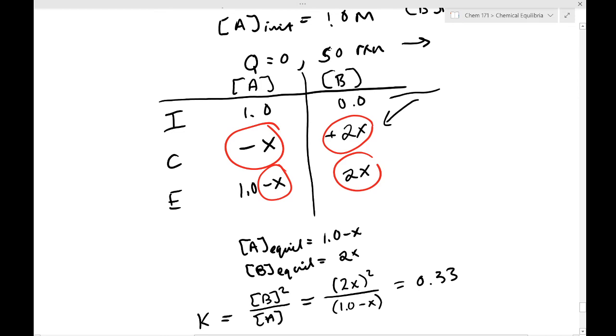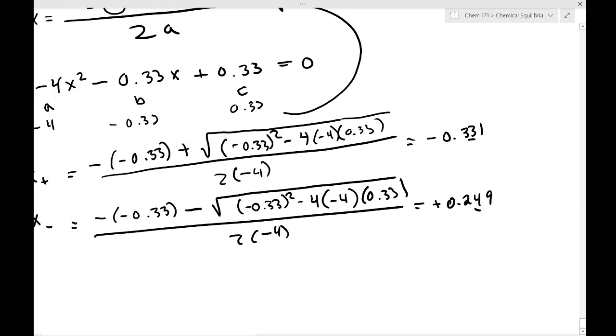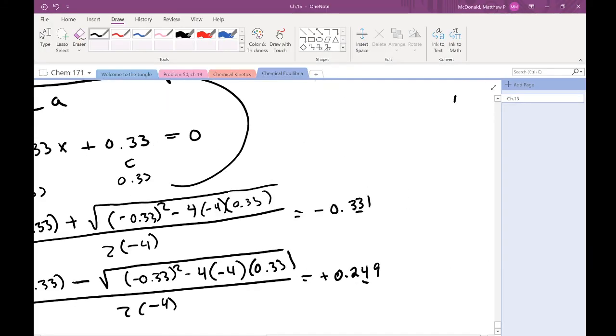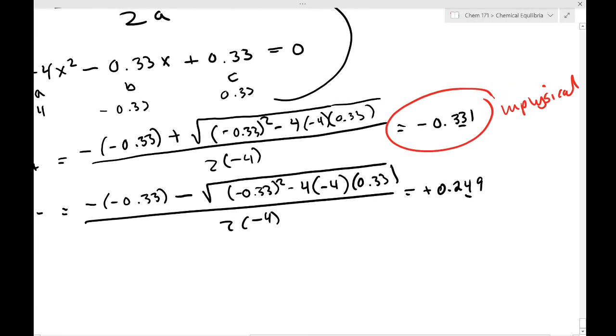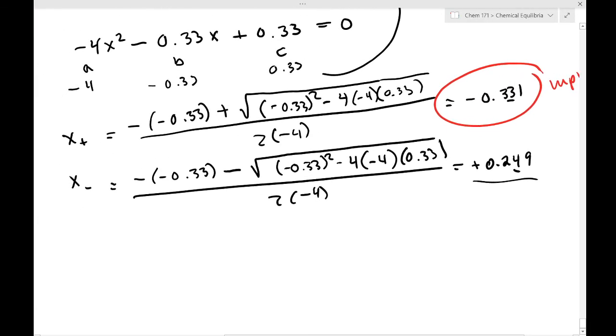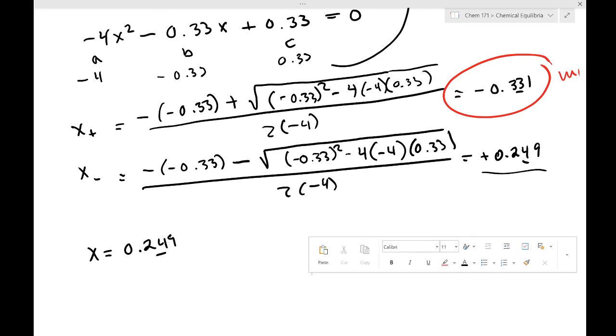Since b is already at 0, this is impossible. We cannot have a negative number here, and it's said to be unphysical. So there's only one answer that makes sense, and it's 0.249. So in this case, x is equal to 0.249.